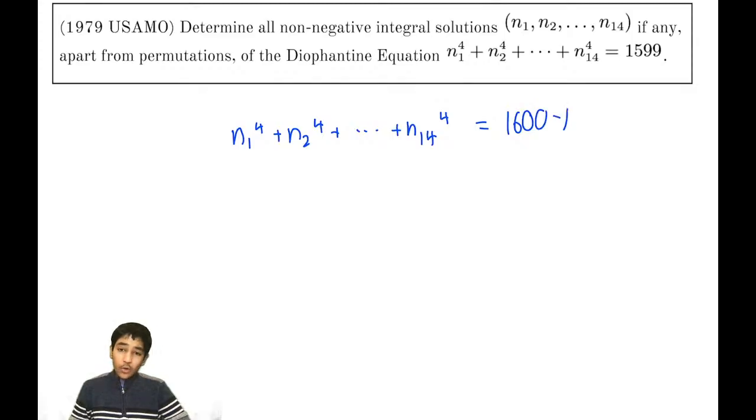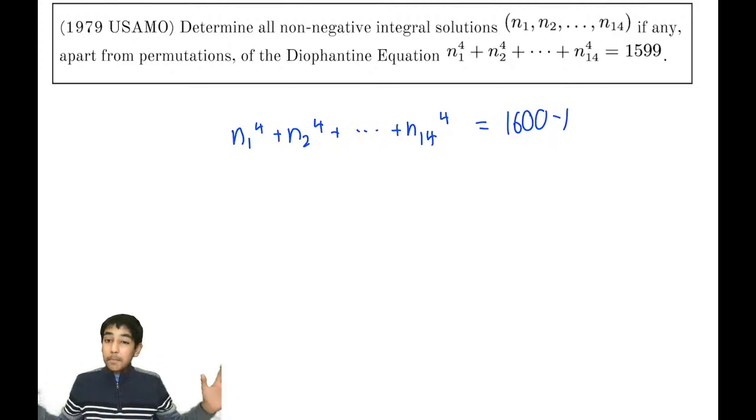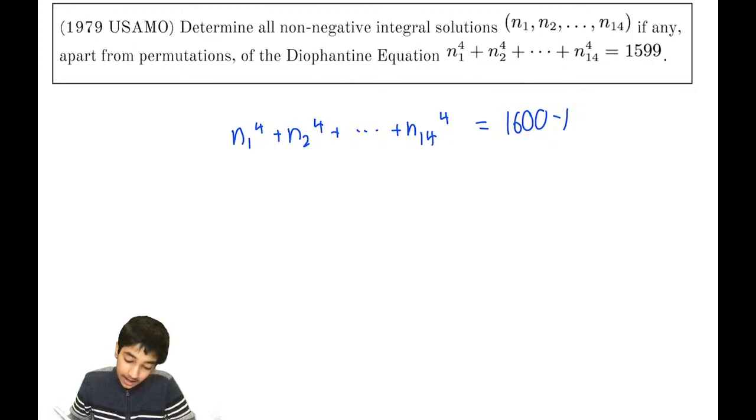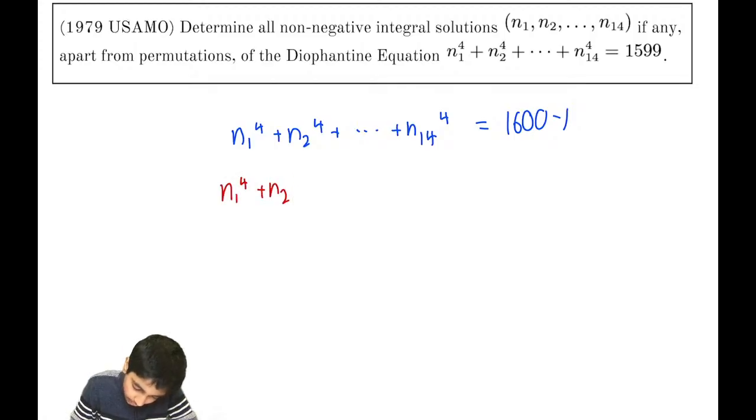Right? So what mod can we take to cancel out a bunch of terms and be left with some simple stuff? The idea here is taking mod 16. If you take mod 16, we get n1 to the 4th plus n2 to the 4th plus ... plus n14 to the 4th, which will be congruent to -1 mod 16.